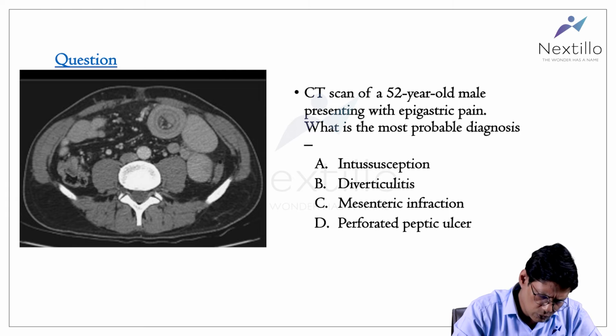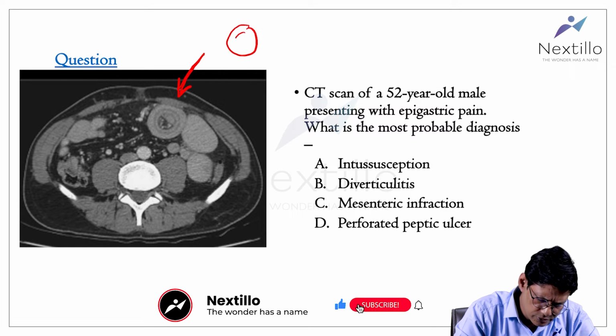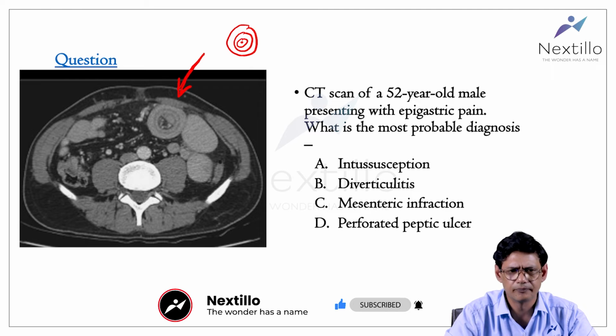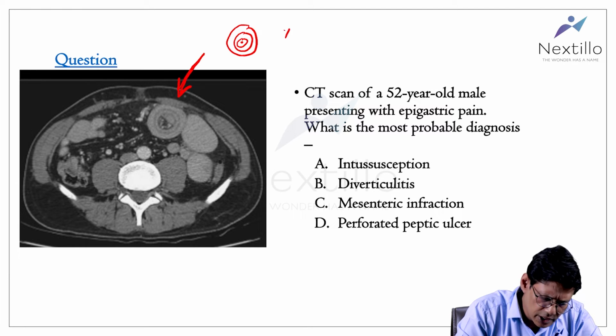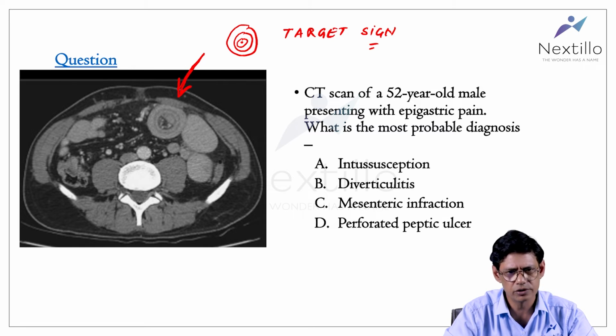The finding over here in this picture appears to be like a target, and this is known as the target sign. As all of us know, the target sign is seen with intussusception. So this is a patient who is having intussusception.